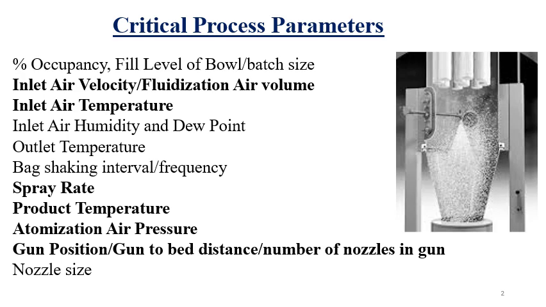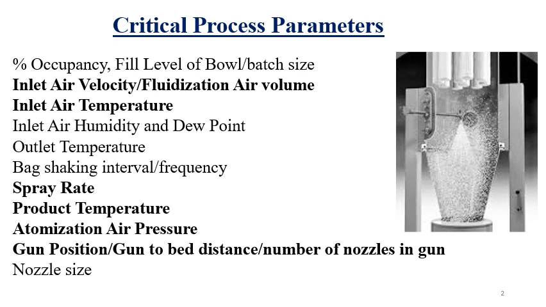The main CPPs are inlet air velocity or fluidization, inlet air temperature, inlet air humidity and dew point, bag shaking interval and frequency, spray rate, product temperature, atomization air pressure, gun position, gun to bed distance, and number of nozzles in the gun and the nozzle size.